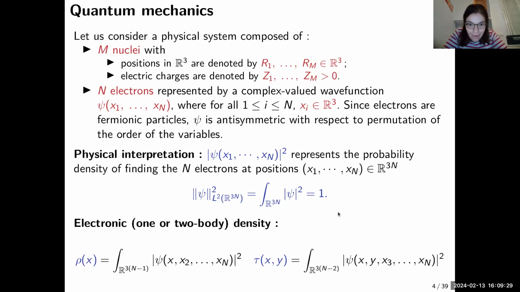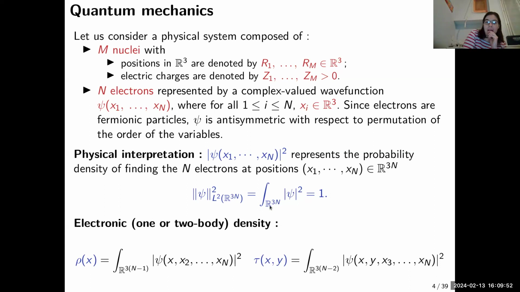And the consequence is that if you integrate over R3n the squared modulus of the wave function, because of this interpretation as a probability density, this necessarily has to be equal to 1, okay? This is the probability that you will find the n electrons somewhere in space, and this is, of course, equal to 1.